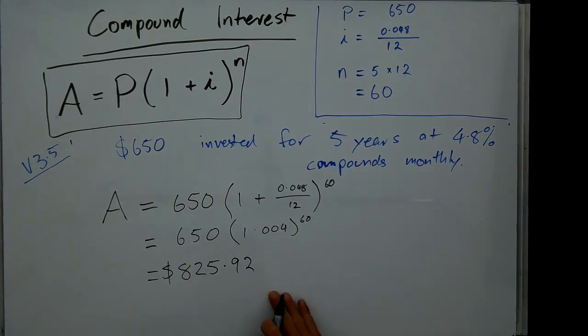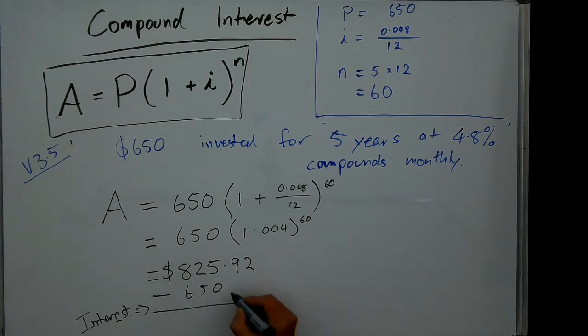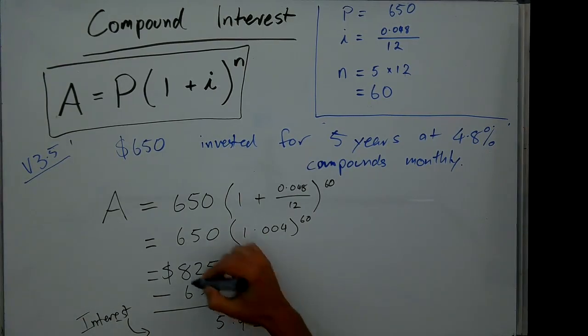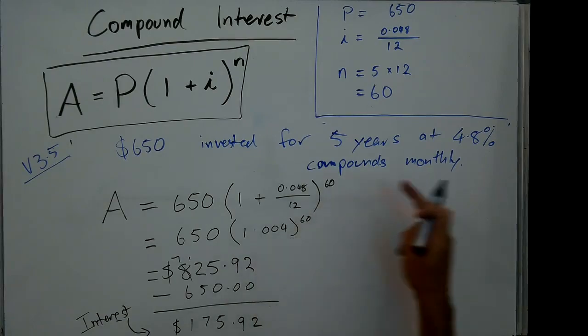So we're not quite finished. So the interest, we want to take away the original principal. Interest is down here, so that's $175.92. So we earned $175.92 interest under these circumstances.